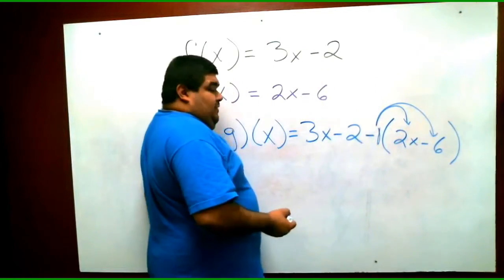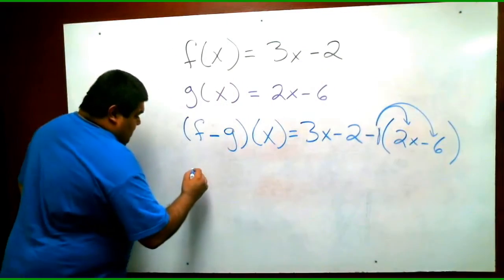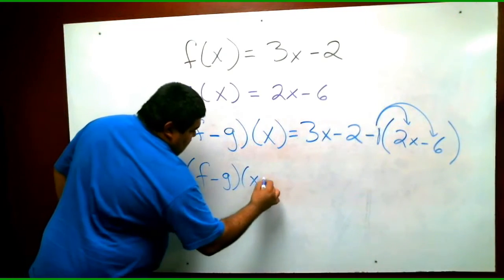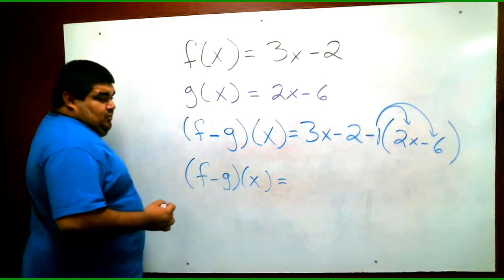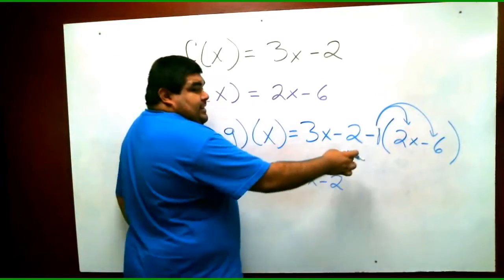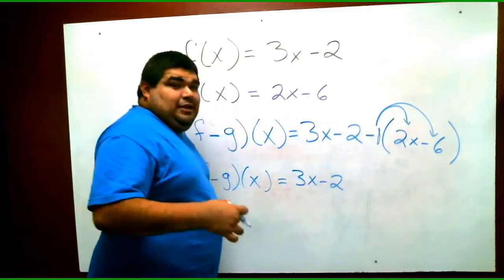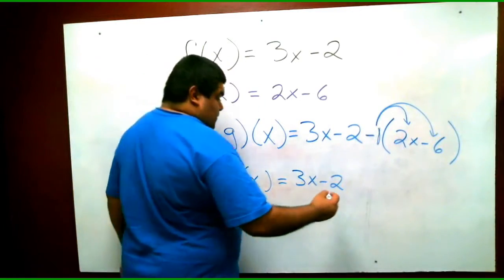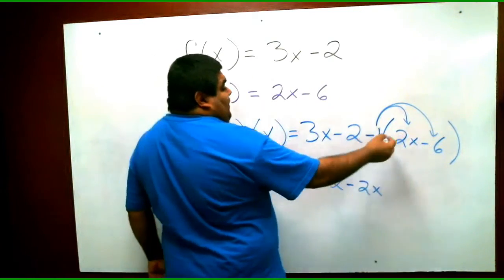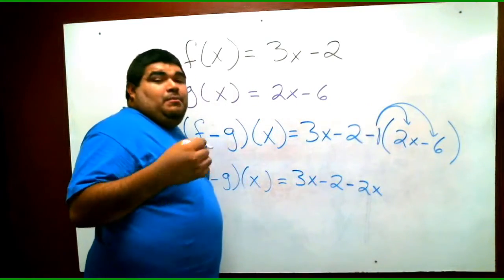So now we have f minus g of x equals 3x minus 2. Negative 1 times 2x is negative 2x. Negative 1 times negative 6 is positive 6.